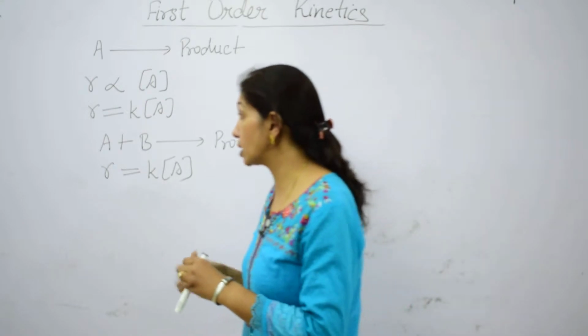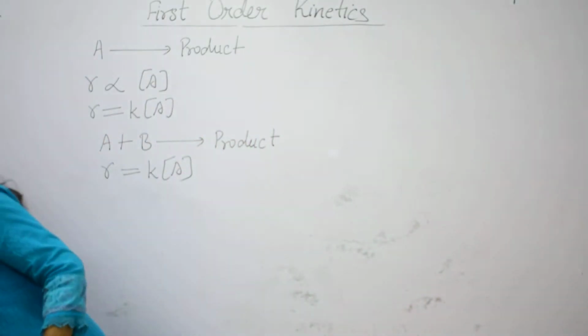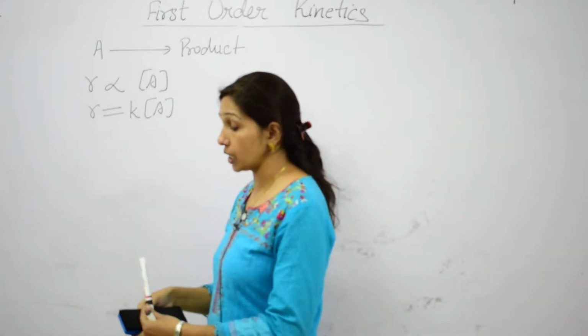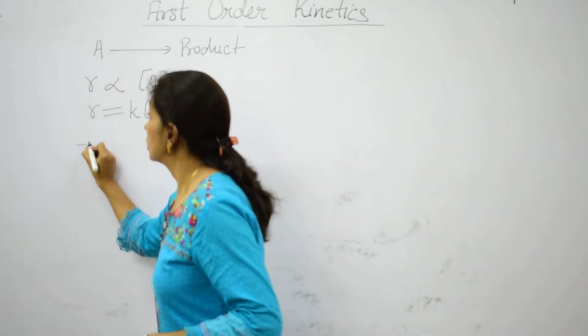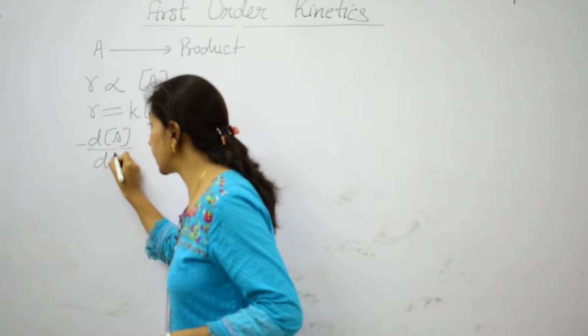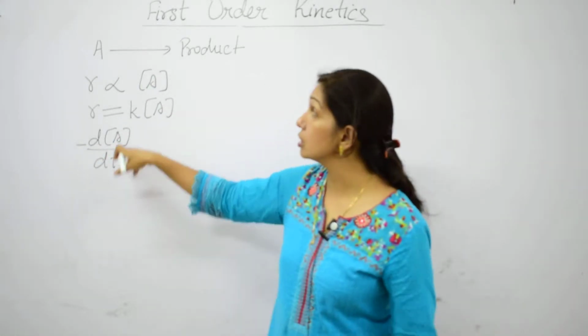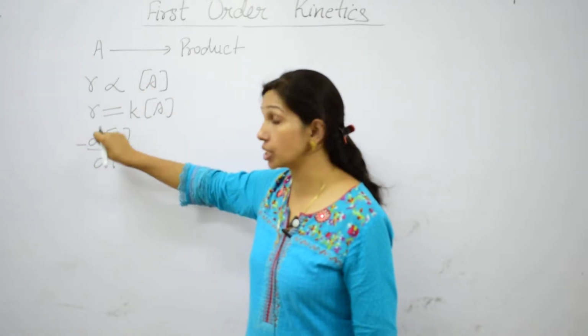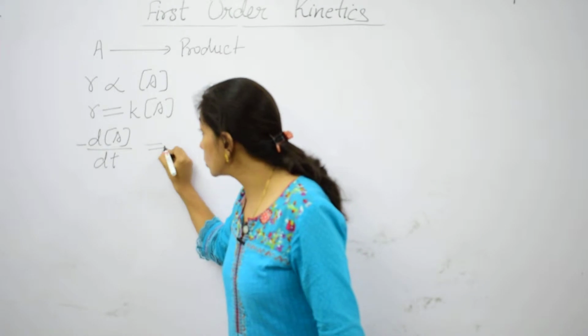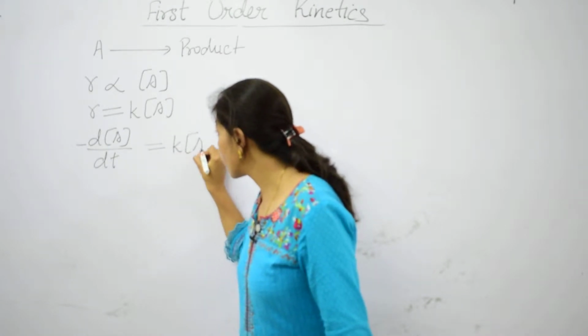Therefore, for this reaction we can write down rate of reaction minus dA upon dt, that is instantaneous rate of reaction, change in the concentration of reactant A, is equal to Ka.